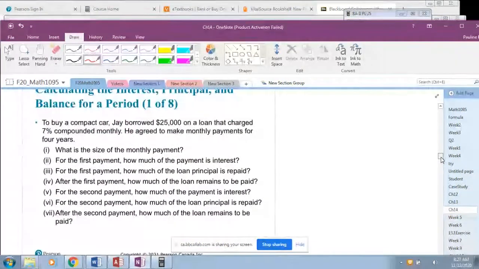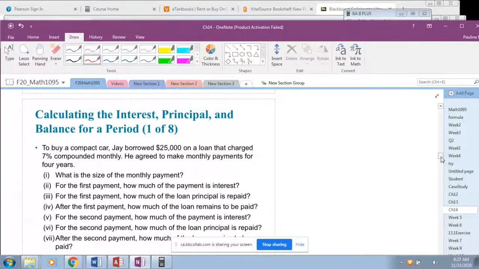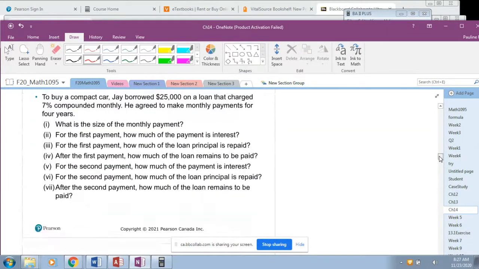So now we are going to do an example of calculating the interest, principal, and balance for a period. Do this example.